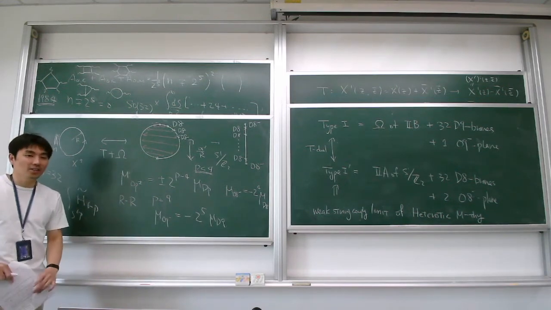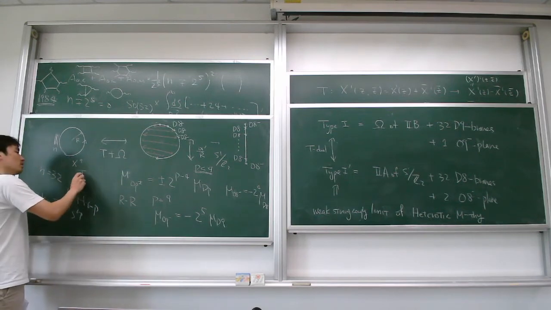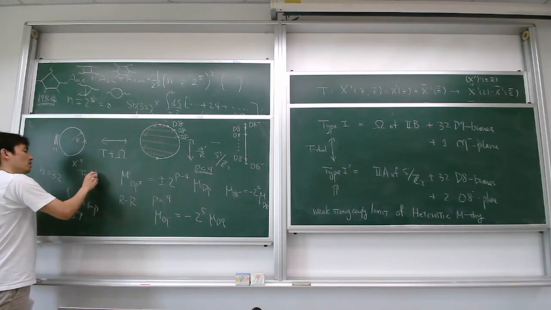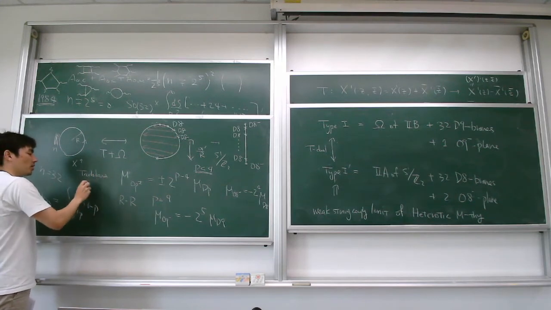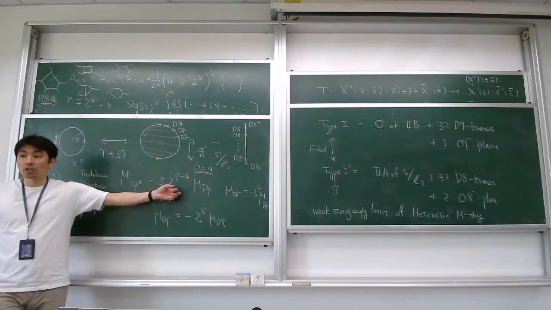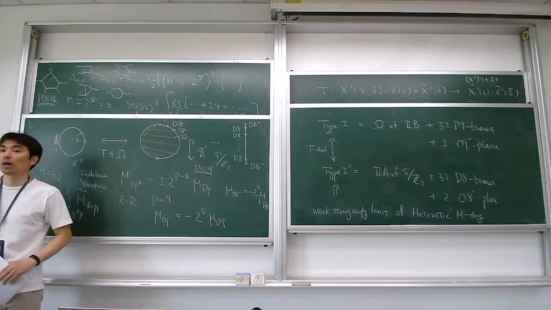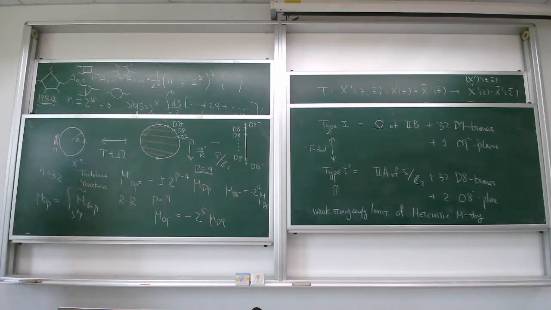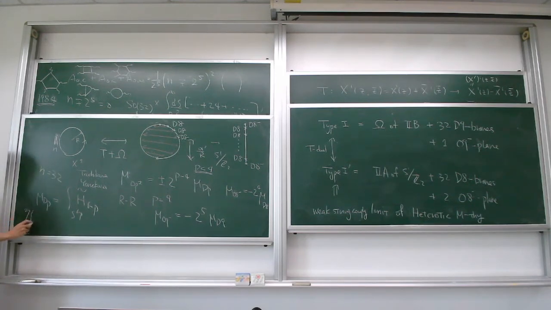Recently, Tachikawa and Yonekura actually explained why this fractional charge will appear by using the so-called eta invariance of RP^{8-p}.